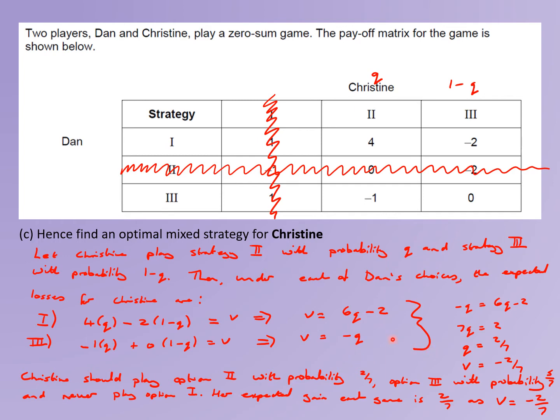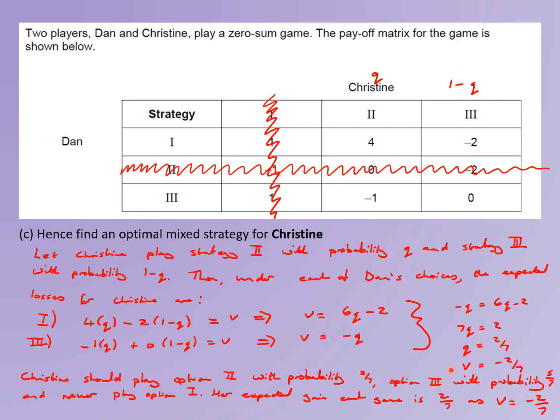The next step is to solve this. So because these are both V equals, we're going to set them equal to each other. We end up with Q equals 2/7. V is therefore -2/7. We now need to put these two numbers back into the context of the question. So we then say Christine should play option 2 with a probability of 2/7. That's Q. Option 3 with a probability of 5/7.